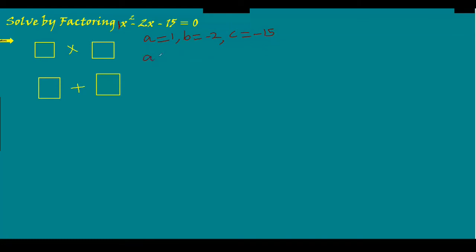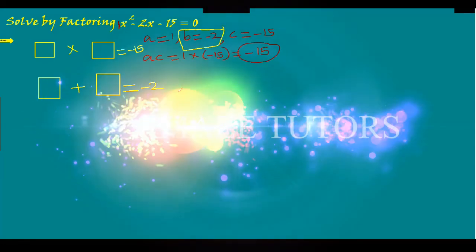So AC will be 1 times -15, which is equal to -15. Now AC is -15. I need to find out the two numbers whose product is -15 and whose sum will be, what is the B value? -2. Now try to figure out the two numbers.